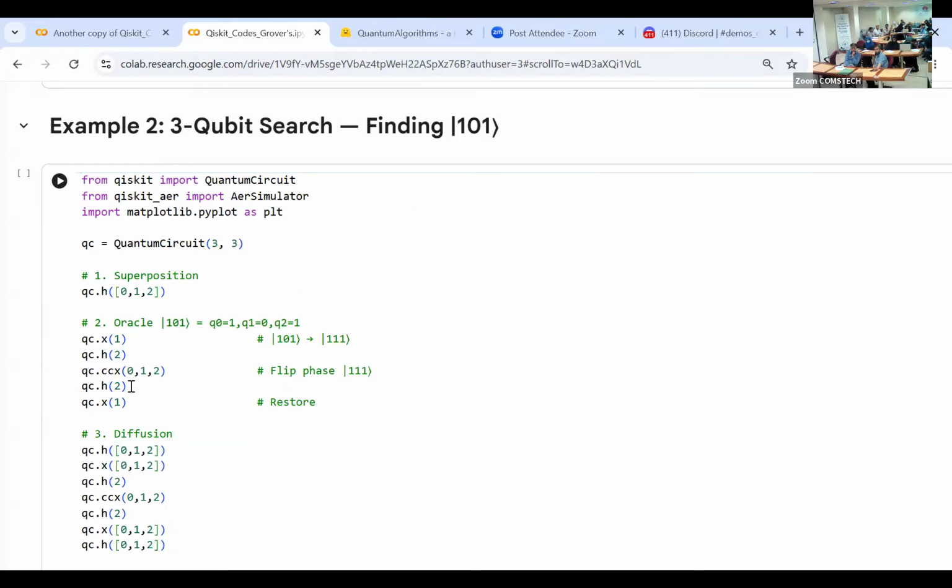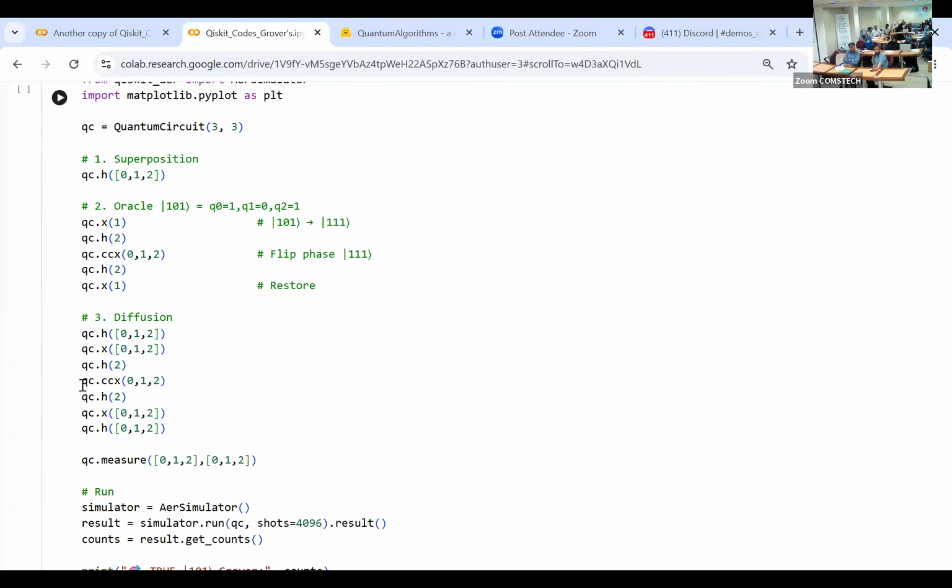So the oracle will do its magic using these gates and is going to put a negative sign in front of this state. After that, the diffusion operator, which is going to average and flip, average and flip. And we're going to repeat this step. For how many times? Under root n times, not more than that.